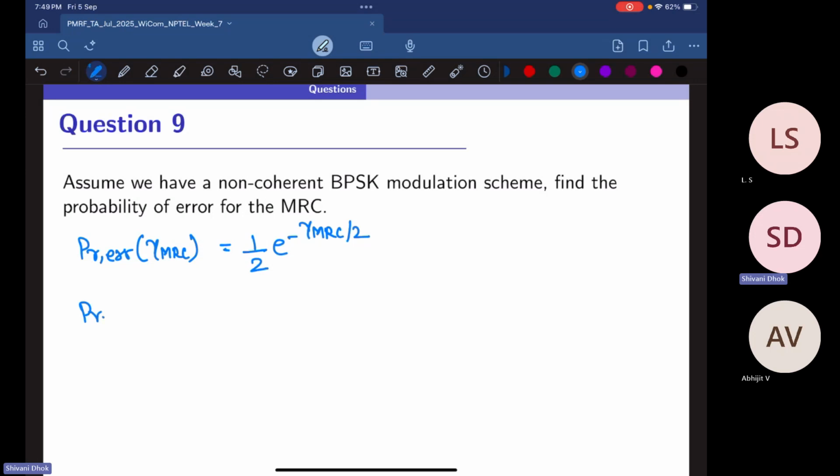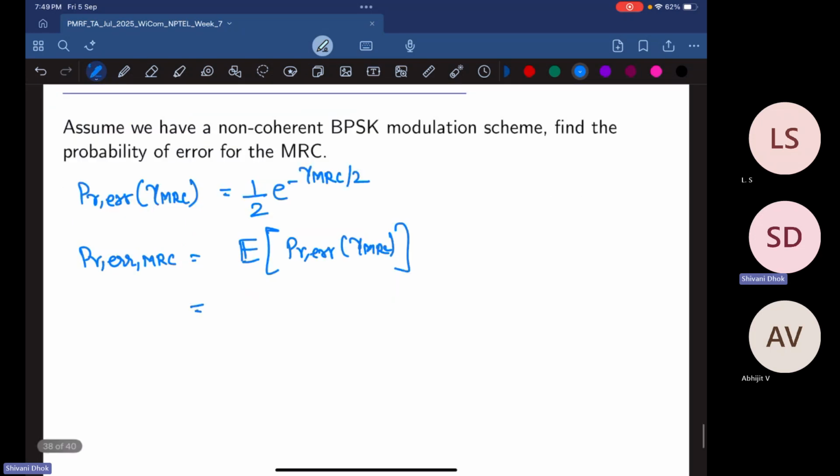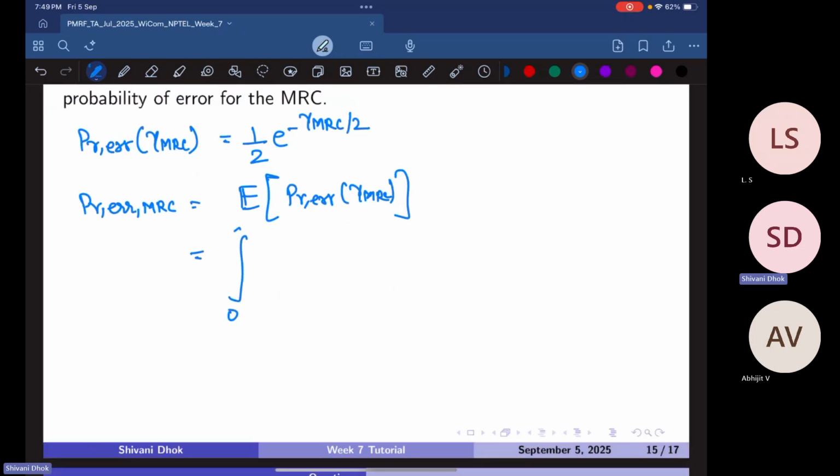And the probability of error in MRC will be equal to the expected value of the probability of error of gamma MRC, which is equal to the integral 0 to infinity of the probability of error of gamma MRC into the PDF.